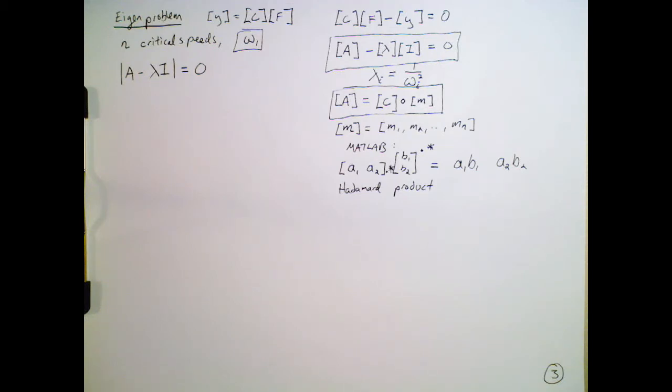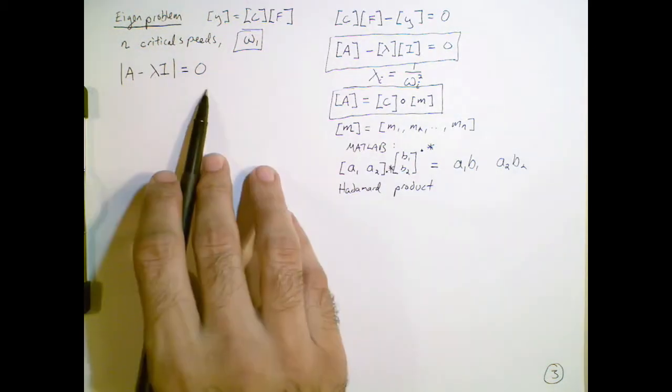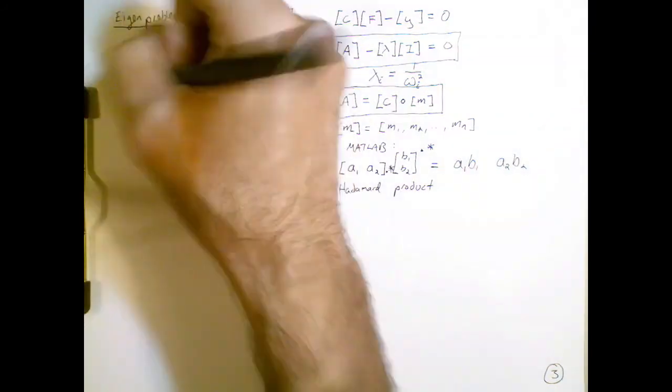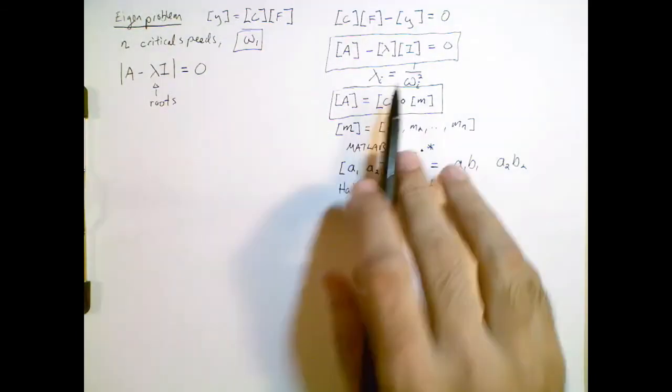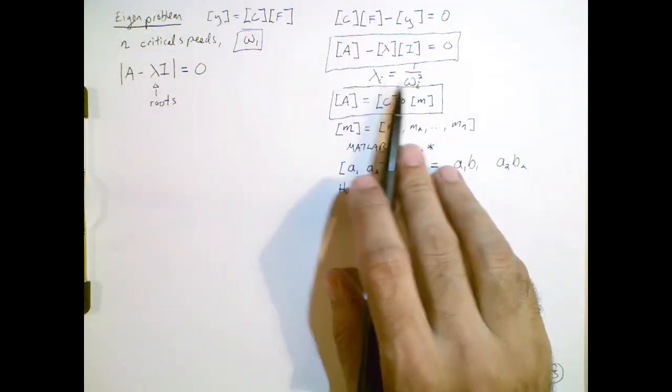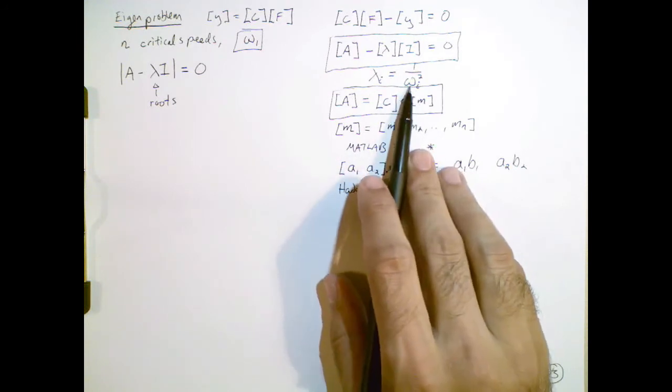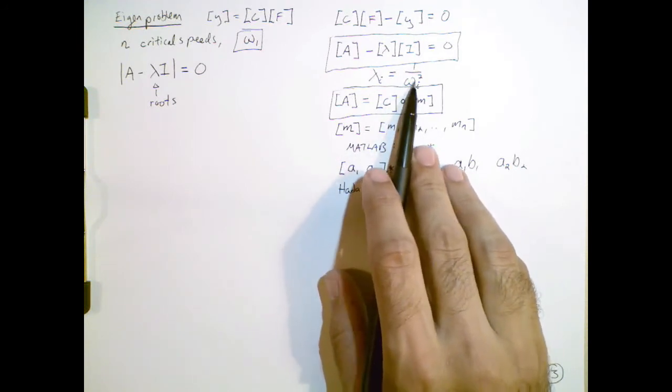And we want to find the roots of this equation such that this is satisfied. The roots are going to be the eigenvalues. And in our case, each of the eigenvalues is going to be 1 over the corresponding critical speed squared.